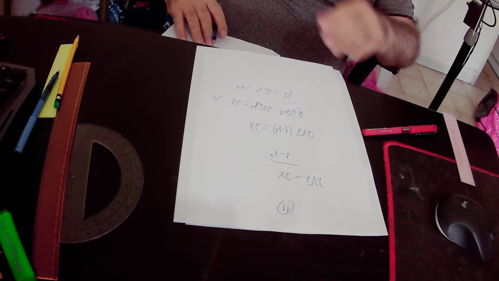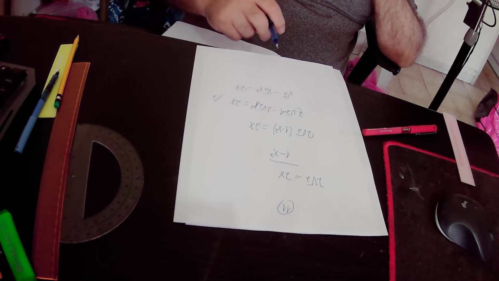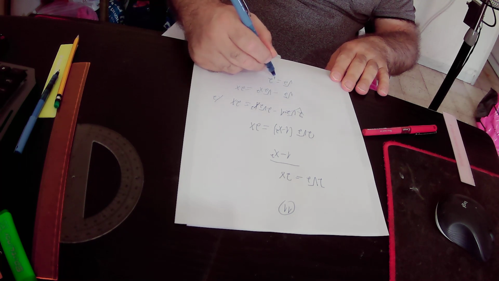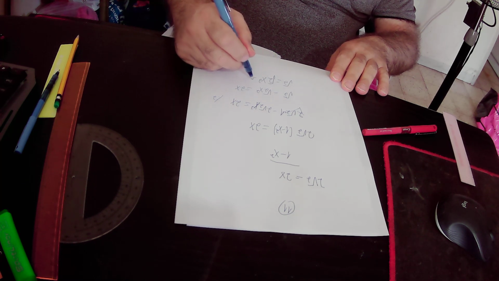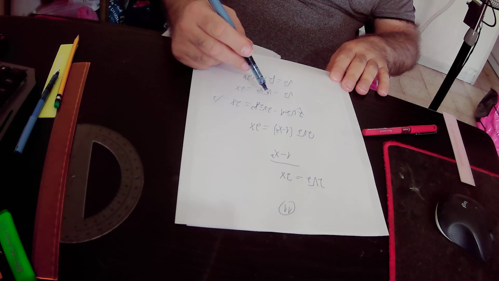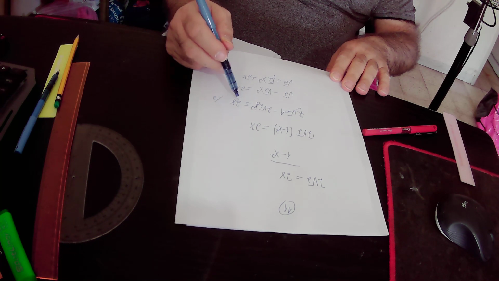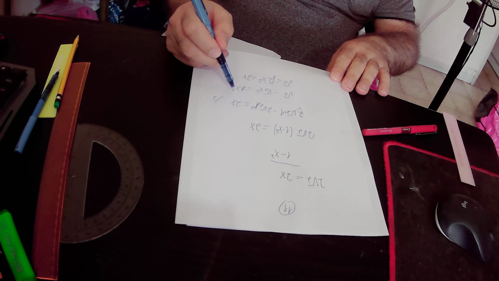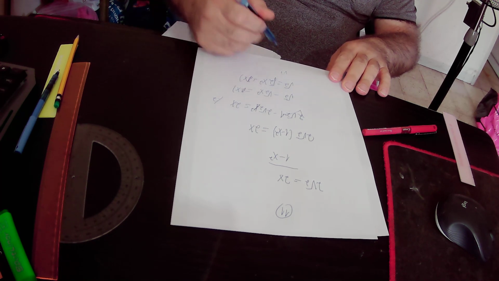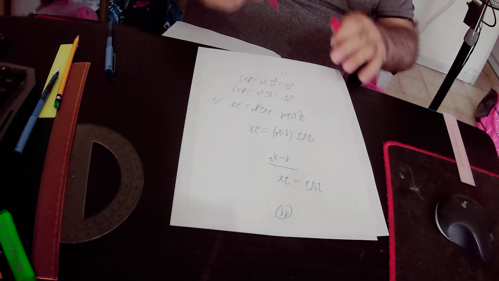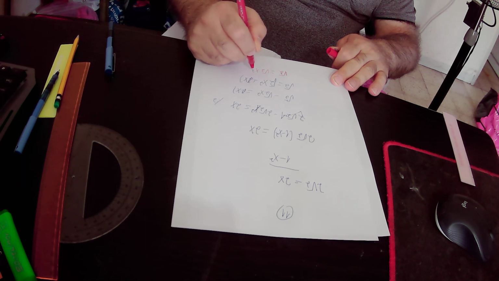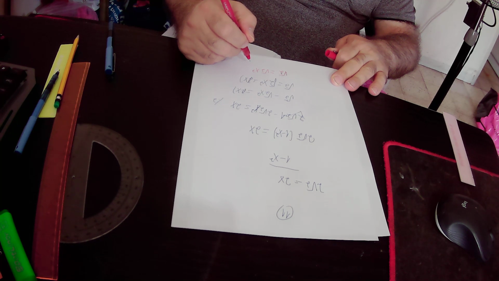In the next step we will add root 2 x squared to this equality, and we will get that root 2 equals root 2 x squared plus x. The whole expression is divided by 2, so 2x over 2 is x.